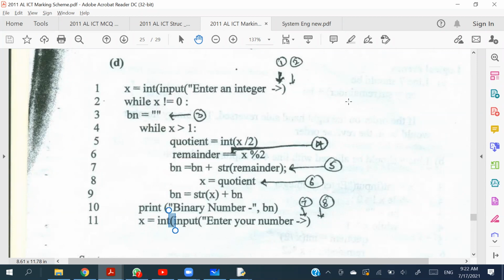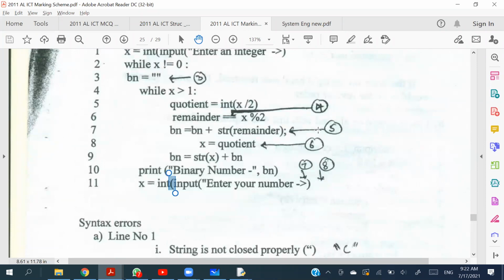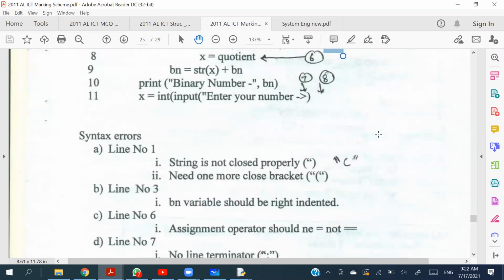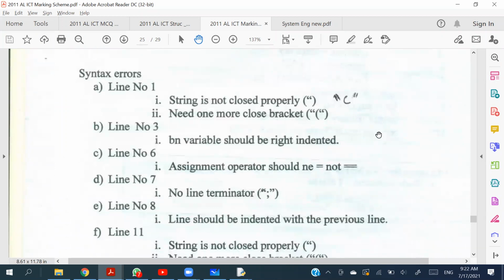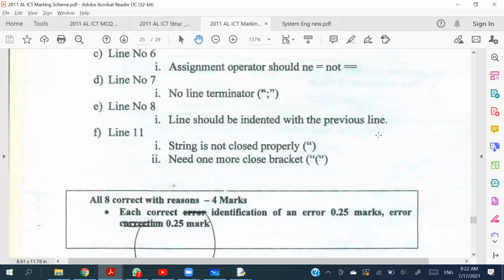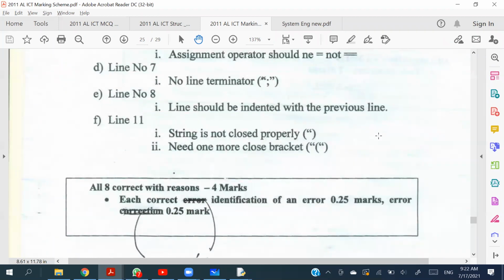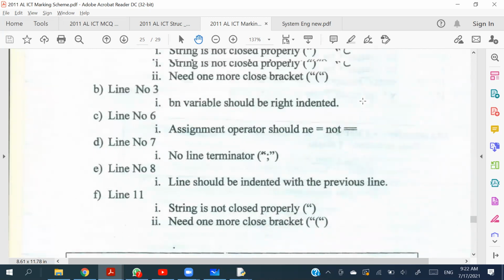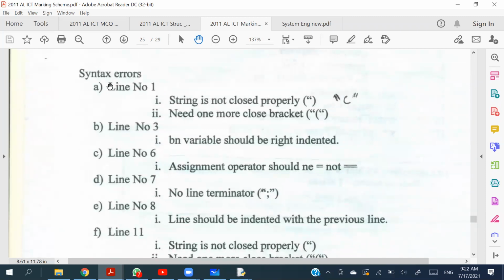So if you got all eight correct, anyway you are going to have the marks for the fifth one. If all eight are correct, it's 4 marks. How the 4 marks are given: the indication of the line is 0.25, and the error is 0.25 again.